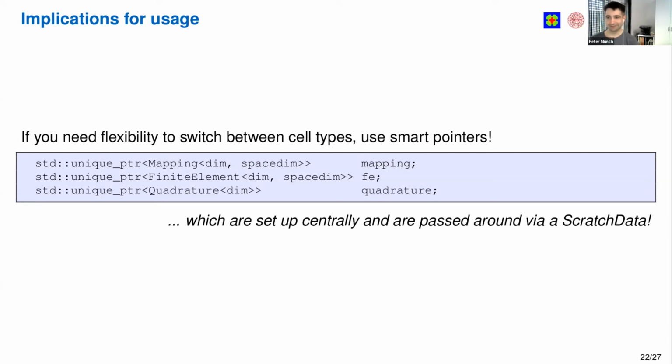That's not a good approach. Then you would need too many if statements, checking if your mesh has triangles or quads. So this should happen centrally, and then you pass it around by reference. Also, it might be useful to use unique pointers to have the flexibility to switch between mapping, finite element and quadrature objects during runtime.